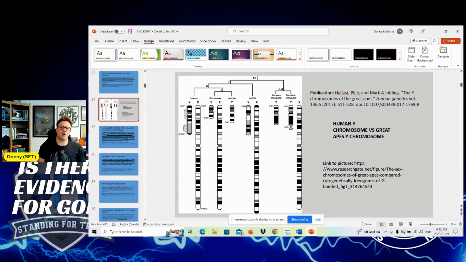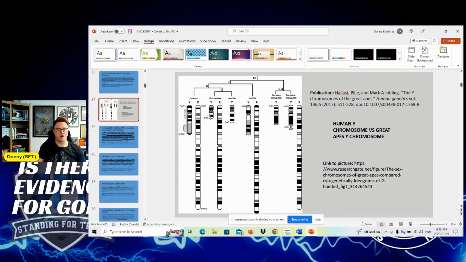But when we compare human Y chromosomes with the chimpanzee Y chromosome, which is supposedly our closest cousin, and we share a most recent common ancestor with the chimpanzee between 6 and 10 million years ago, when you consider overall gene content, architecture, and size differences, the Y chromosomes between humans and chimpanzees are only about 35% the same.